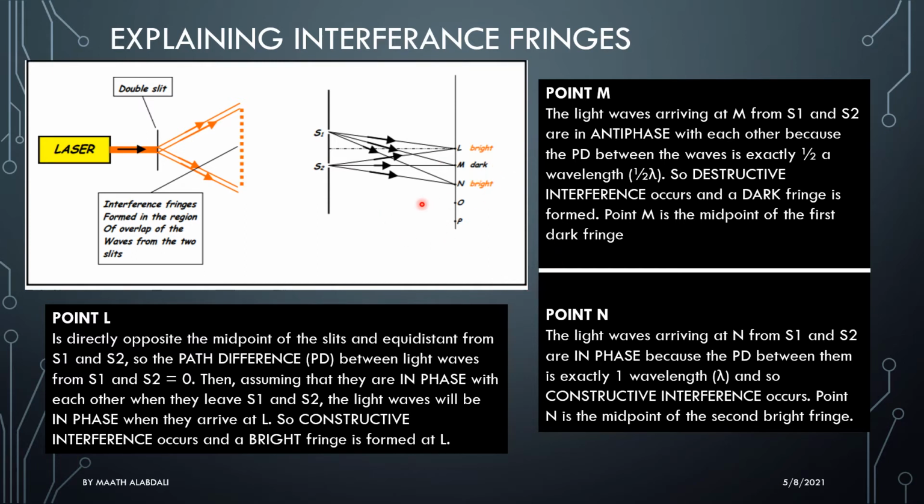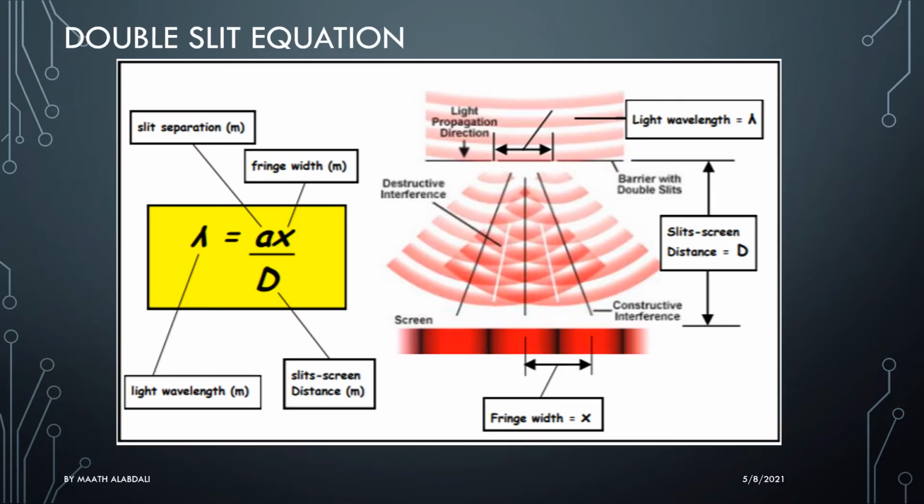That's point M, and then point N is a bright fringe again because it's exactly one wavelength, so it's constructive interference. One wavelength, one lambda, is the path difference. Phase difference is in degrees. So constructive interference, bright fringe, and that's basically it. So, the double slit equation.